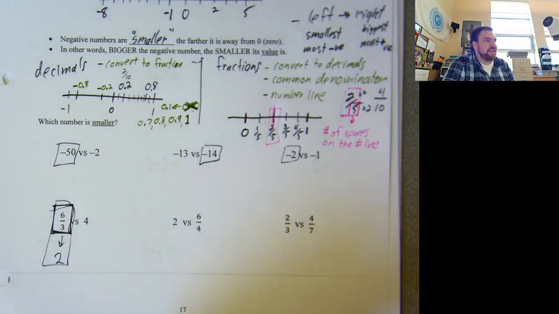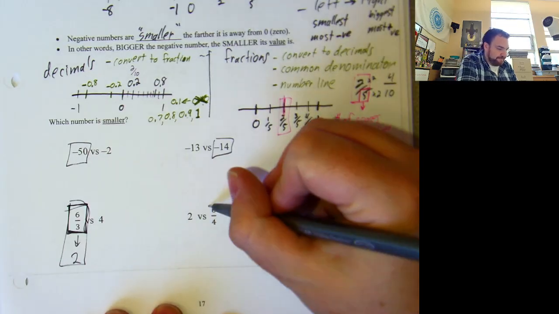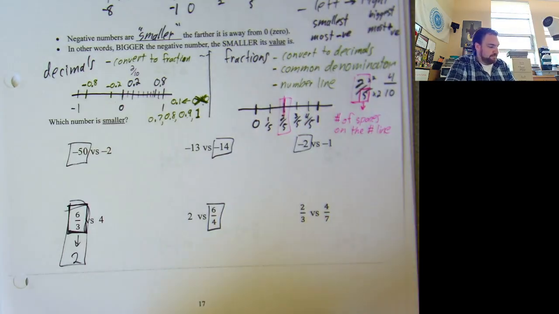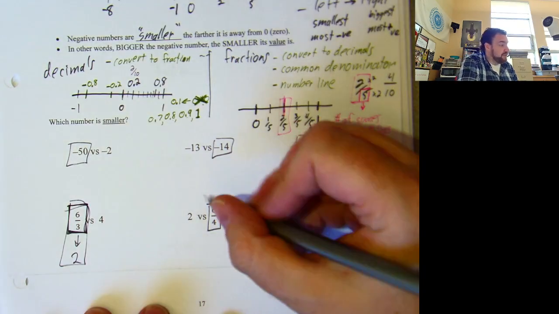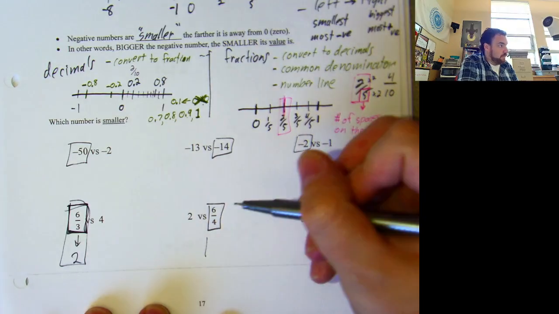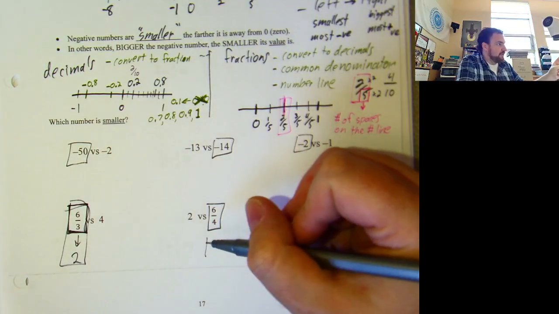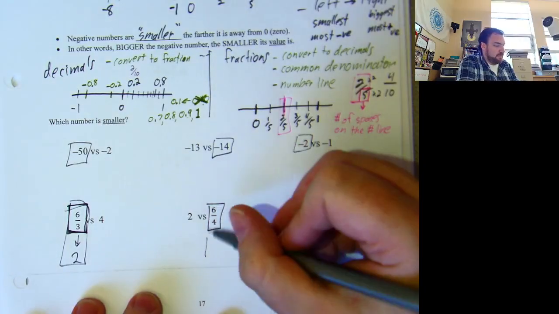How about 2 and 6/4? How are we thinking about this, Dea? It is going to be 6/4. Why? Since we have an improper fraction, we're going to convert it to a mixed number. Okay, you could do it that way. Sure. Mixed is going to be 1 point, nope, no decimals. 1 and then 2/4.